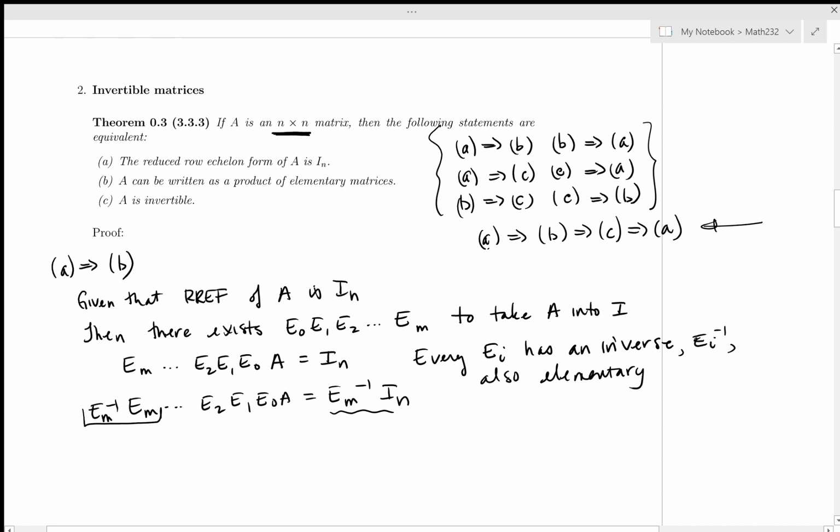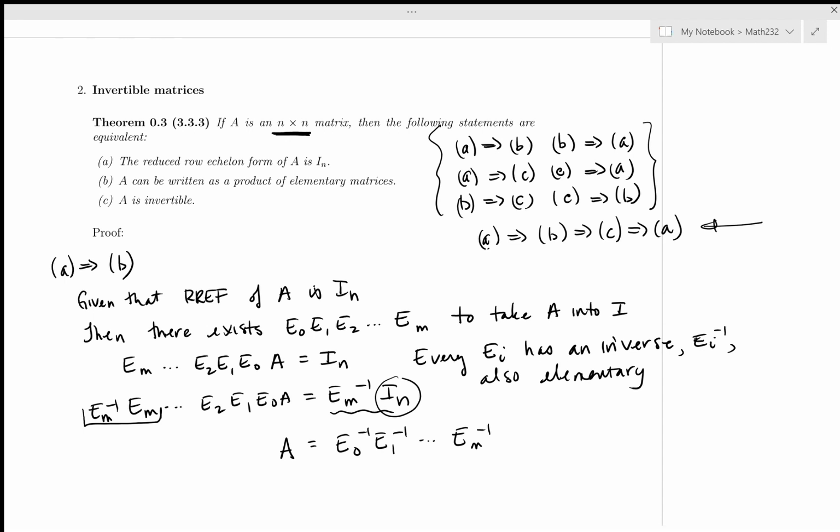So then I will just do the next one, the next one, and so on. After I've gone through this whole thing, A will be left here, and I will have E_0 to the minus 1, E_1 to the minus 1, all the way down to E_M to the minus 1. When I multiply by I, nothing happens. So I am done. So A implies B.